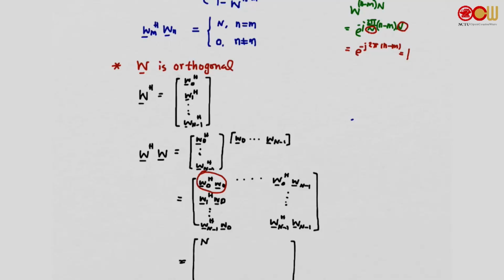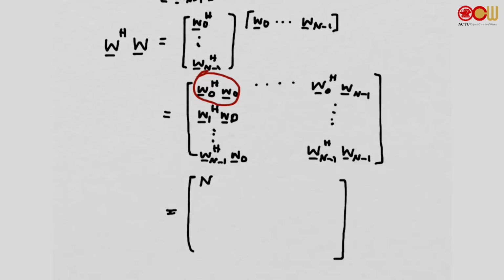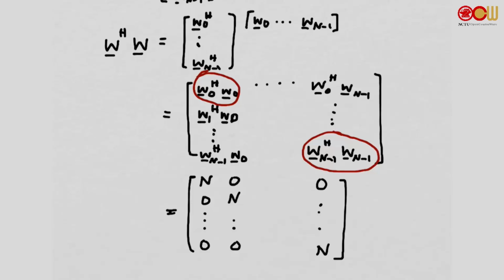So for all the other elements in the first column, we get 0. And then for the second column, we can see that only the diagonal element is N. We get N at the diagonal, and for all the others, we get 0, like this.